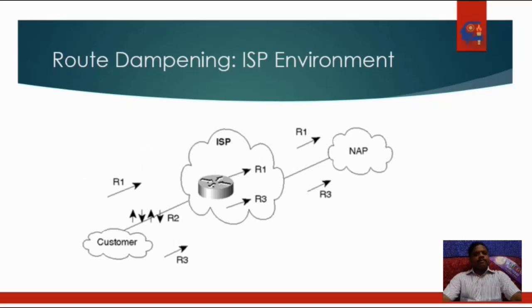On the other hand, instabilities can be caused by the providers themselves, and the effect can be much larger. If a link carrying full routes between a provider and customer or a provider and another provider oscillates, the border routers will feel the impact. Suppose that you are getting full internet routes from multiple providers.